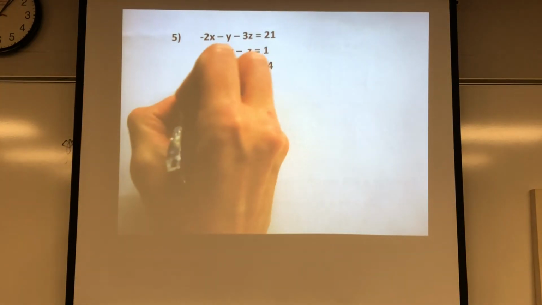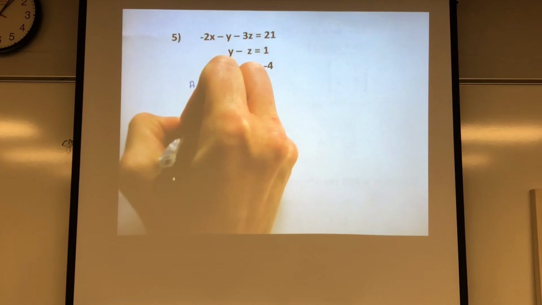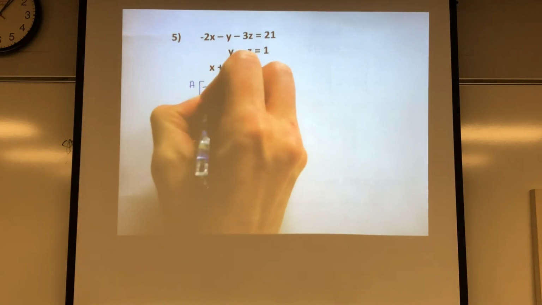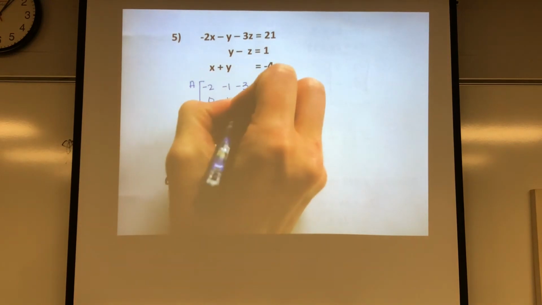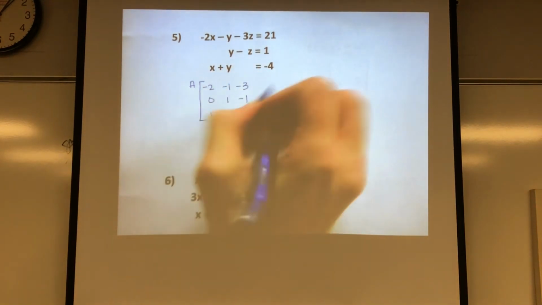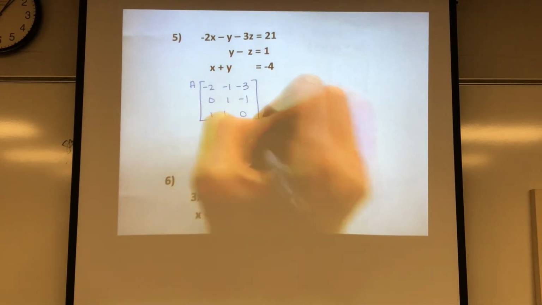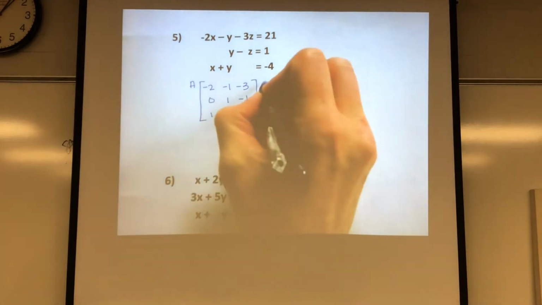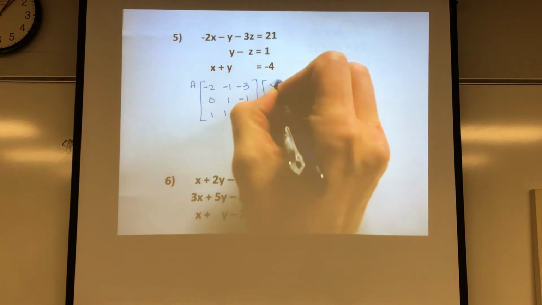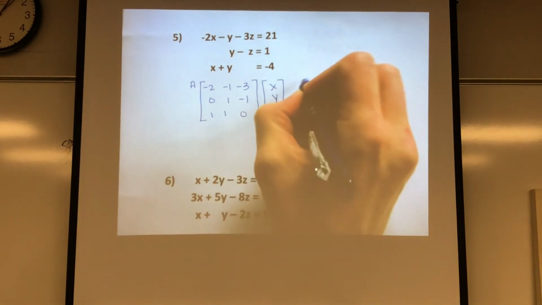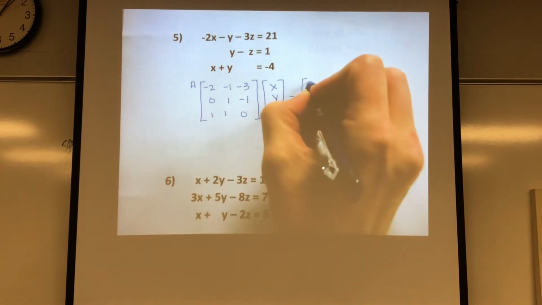All right, so we're gonna start by putting in the coefficients, putting zeros for when there isn't anything. We're going to multiply that times the variable matrix and have it equal the constant matrix.